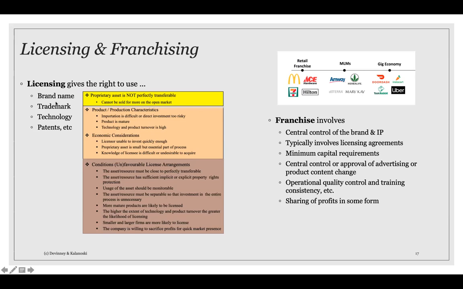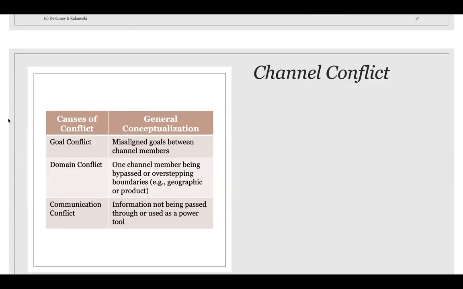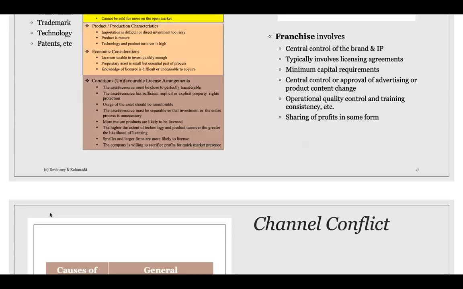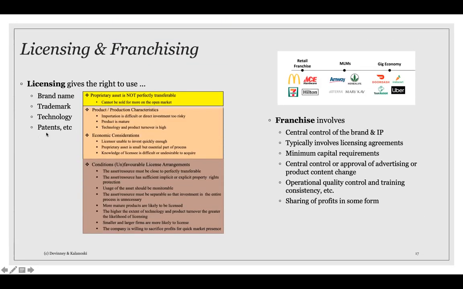You can license the brand name, the technology or the manufacturing processes, or the process by which a house is cleaned or a burger is made. You can control a lot of that and protect it through legal means via patents, trademarks, and so on. Typically, when you look at a franchise, you see central control of the brand and IP, so upfront ownership upstream.